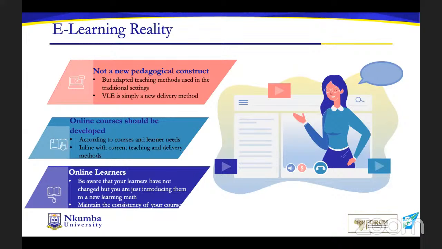Hence, your consistency in what you do online needs to be the same. They need to know that this is our lecturer ABCD, and this is how he does his things online. So consistency is very important so that you bond with your students out there. So this is the reality.